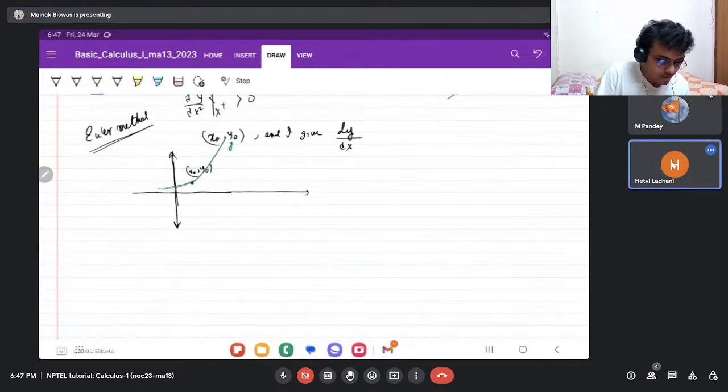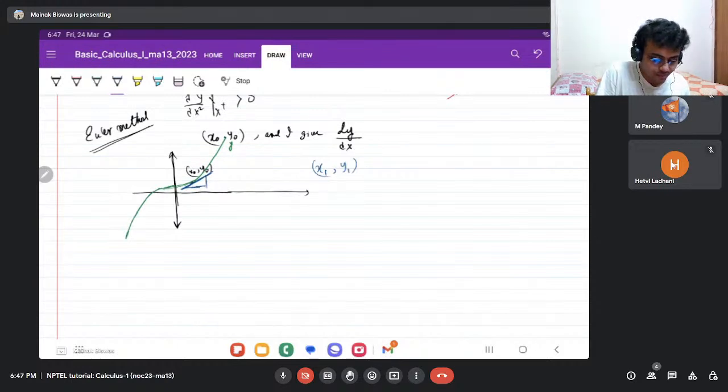Yes. So I'll do two cases and then it will be very clear. See, now if I use the tangent, I want to find x1, y1 as the next point on the curve. It's a sort of inverse differentiation problem.